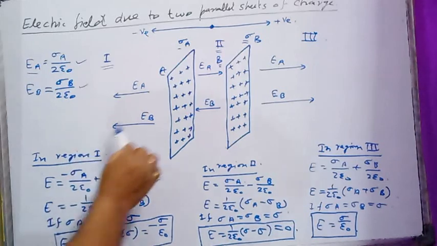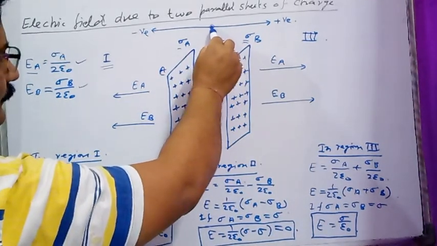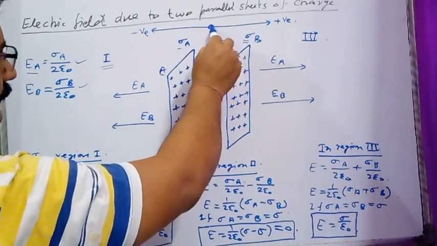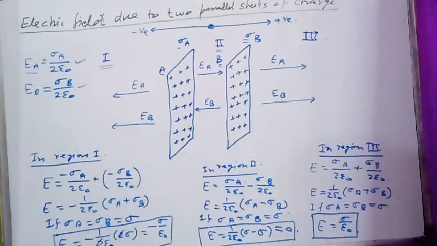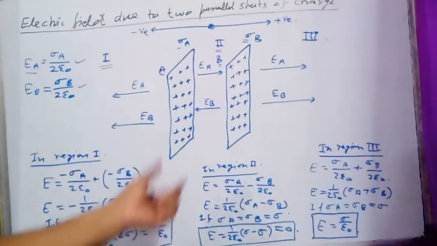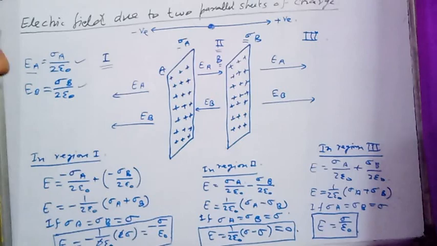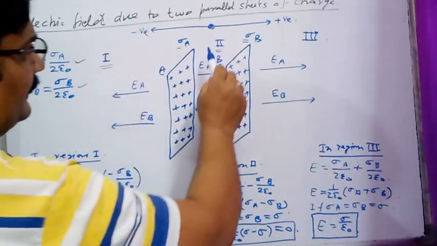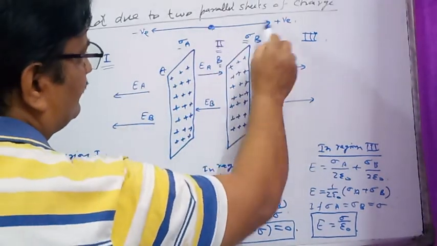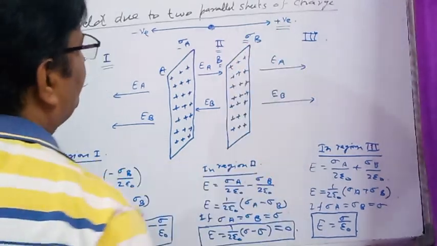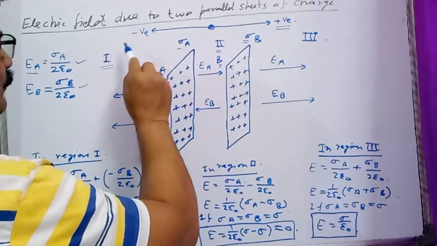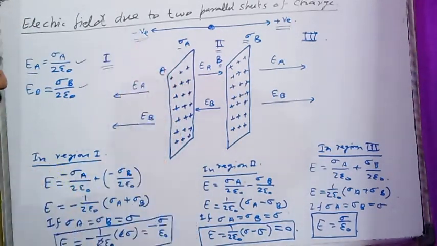Now we can consider a convention for the direction. As you know, electric field is a vector quantity. So any electric field towards positive x-axis is considered to be positive, and electric field towards negative x-axis is considered to be negative.